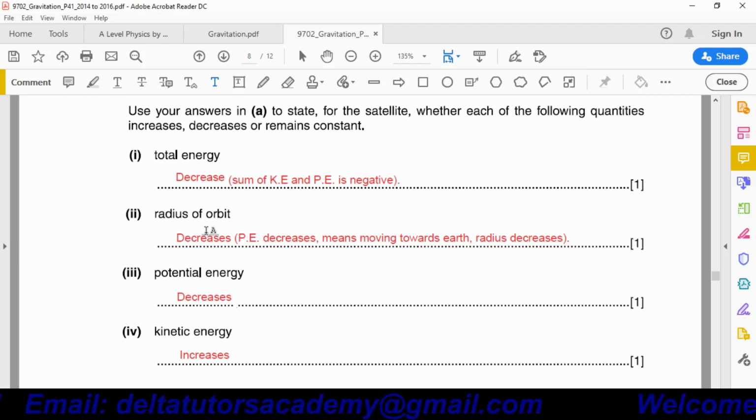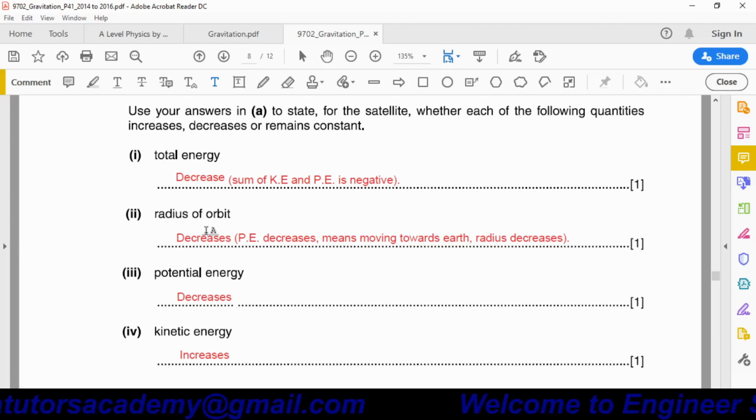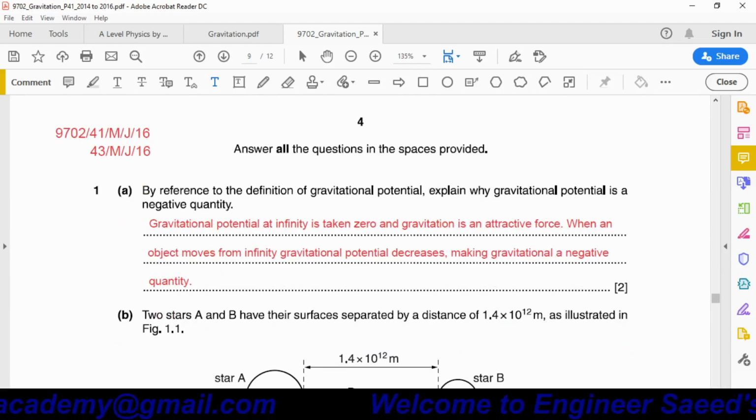Potential energy decreases because it is moving toward the surface of the planet. Kinetic energy is increasing because its velocity, when it is moving toward the surface of the planet, is increasing. Okay. Next question.